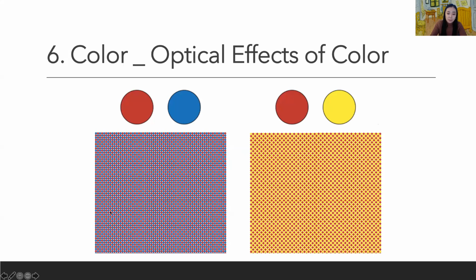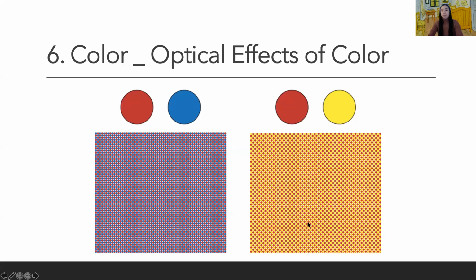The left box consists of tiny red and blue dots, and the right box has red and yellow dots.